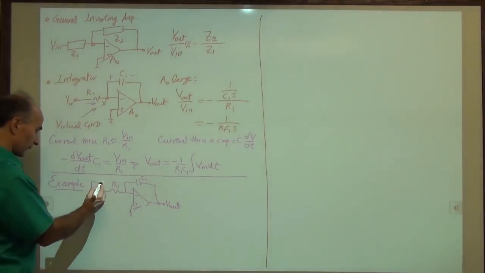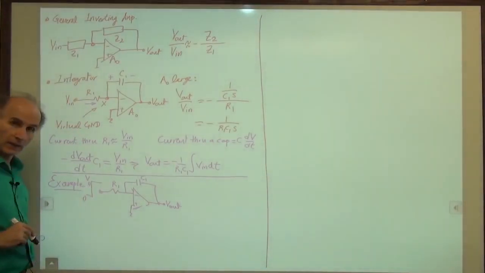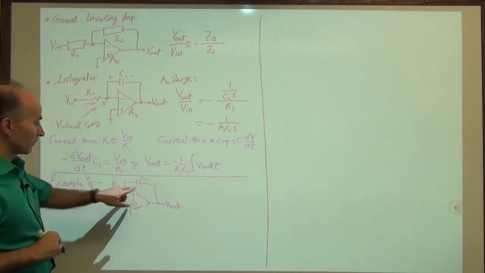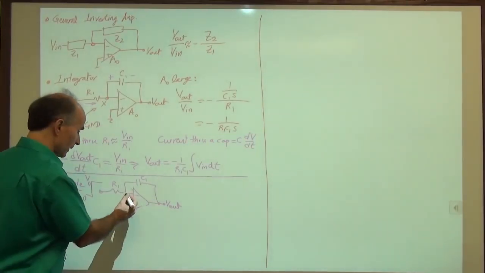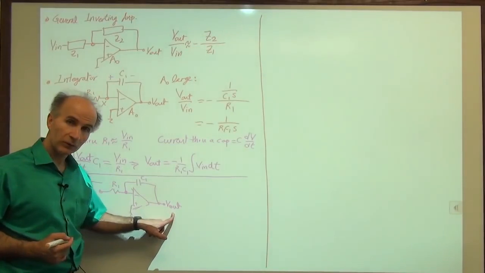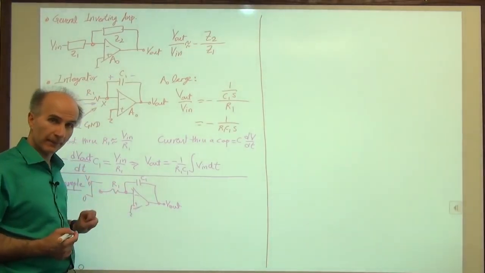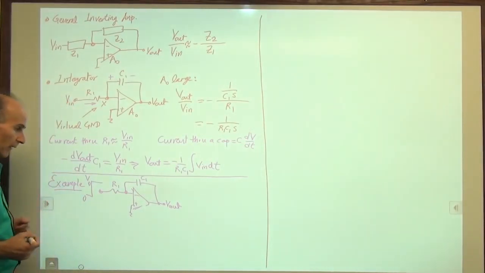So here's a step that goes from 0 to V0, a step of voltage. We assume the initial condition on C1 is 0, so it has no charge, no voltage. We assume A0 is large enough, and we would like to plot V out as a function of time. So let's try to do that.